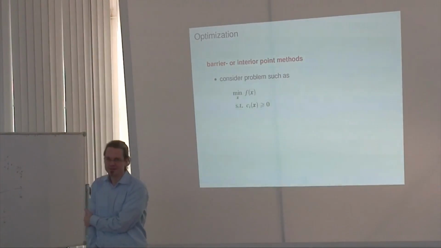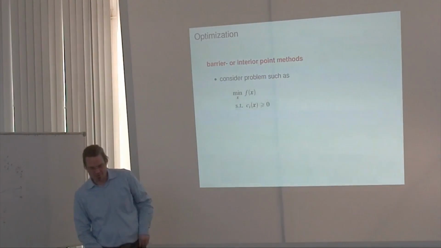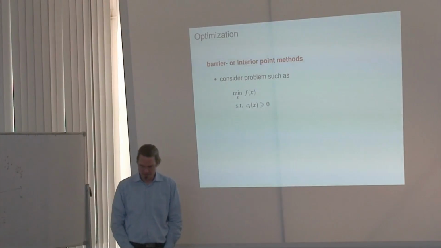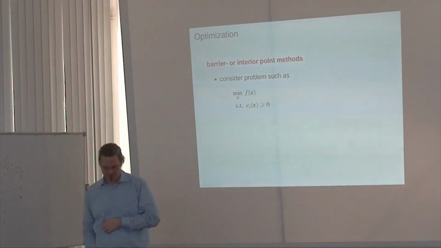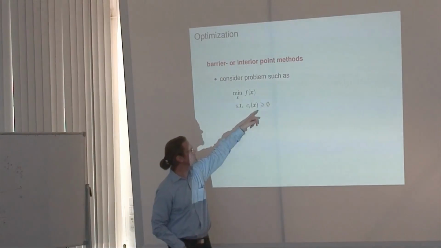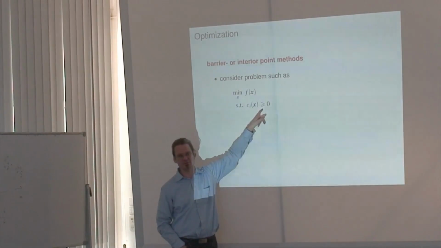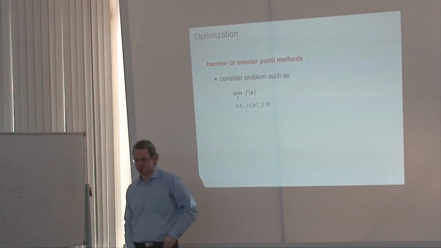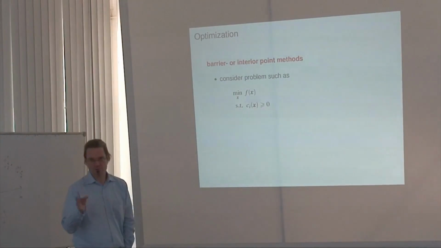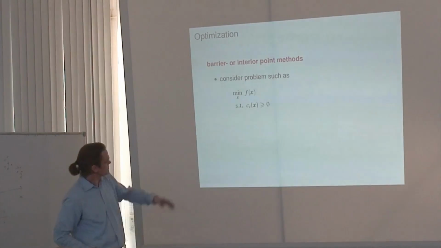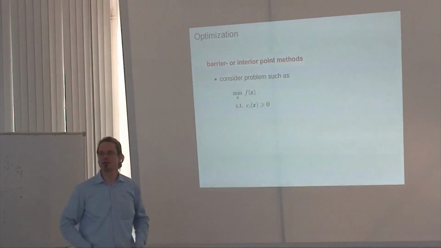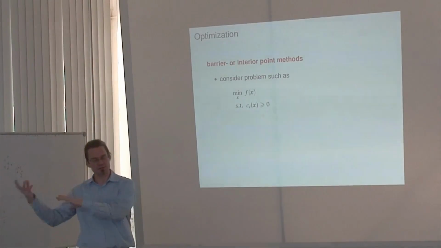The next one is the huge family of barrier or interior point methods. Here, for the sake of simplicity, I'll actually consider an inequality constraint where we have a greater than. This is just easier for me in the next step with the equations. But that would also work for less or equal constraints. Don't worry. So we are considering some minimization problem, say, and the solution has to be greater than something.